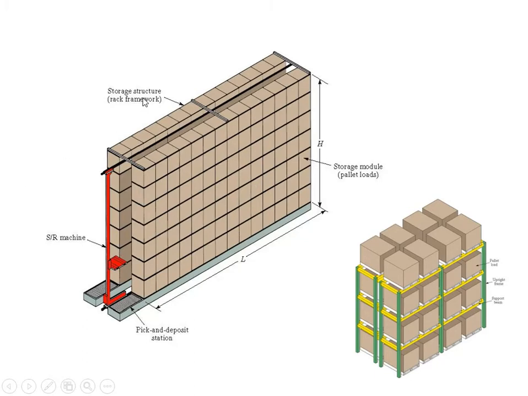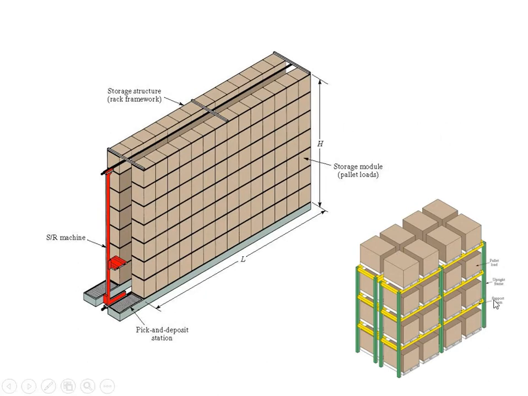And we have the storage structures in the form of racks, and this is the SR machine, the storage and retrieval machine, which goes along the aisles. It will travel, and by selecting each individual unit one at a time, we can retrieve it by going inside. It can travel inside also like this, and it will go to each and every unit, so each unit in that pallet is reachable.